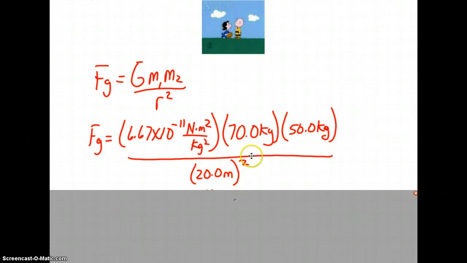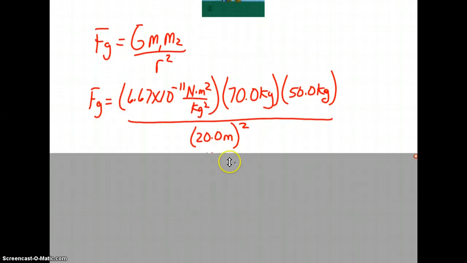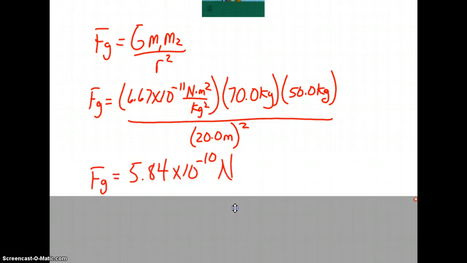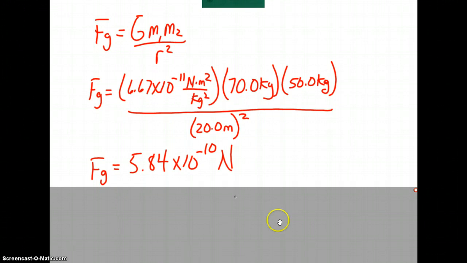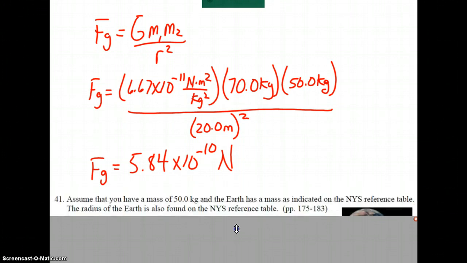Most common mistake when using this equation is forgetting to square the distance. Go ahead and do that calculation on your calculator, and you should get 5.84 times 10 to the negative 10th newtons. This force would be essentially negligible when you look at this power of 10 exponent. Therefore, the attraction poor Lucy feels must be hormonal, not gravitational.